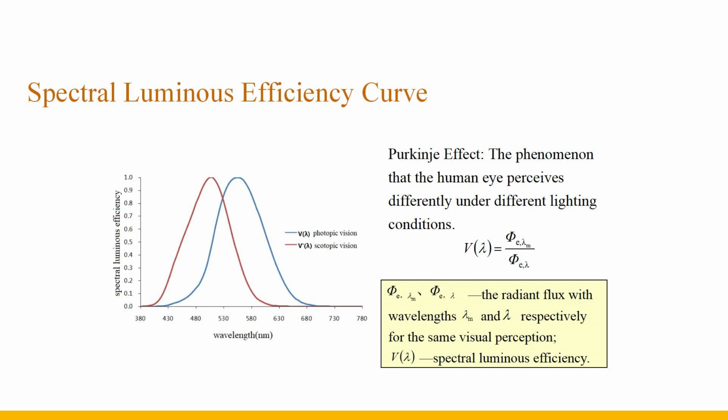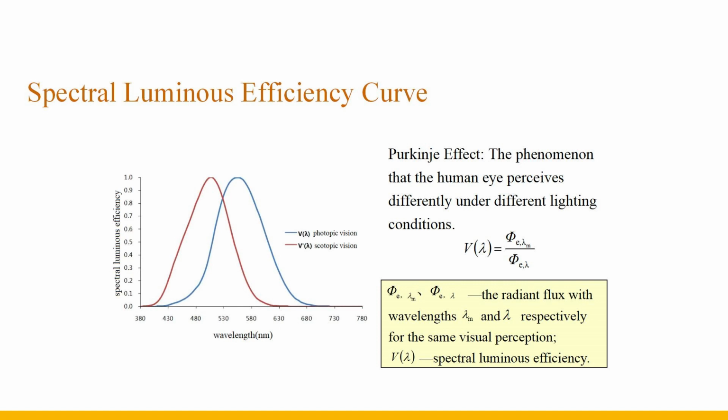This phenomenon is called the Purkinje effect, and the quantity representing this characteristic of the human eye is called the spectral luminous efficiency, which is the ratio of the monochromatic radiant flux of lambda m to lambda that produce the same visual perception under specific photometric conditions.